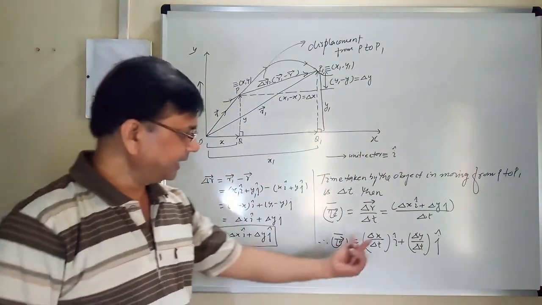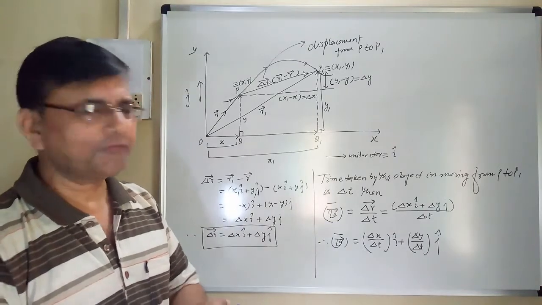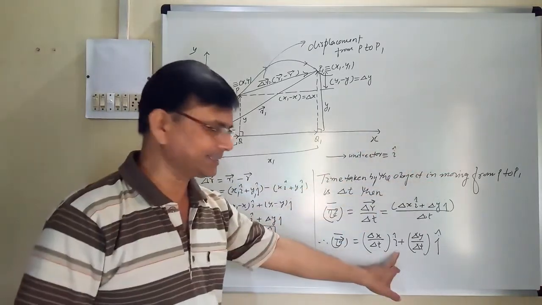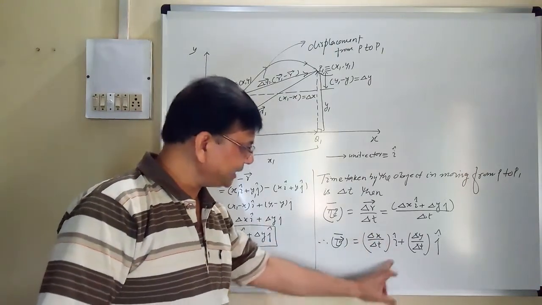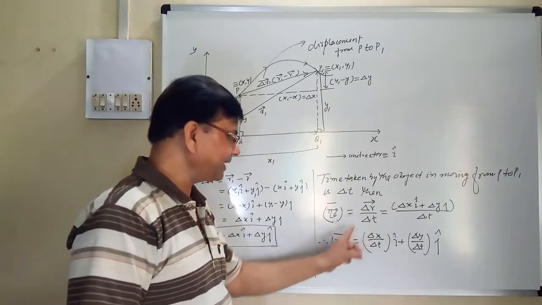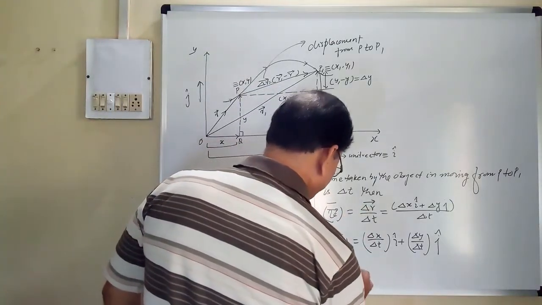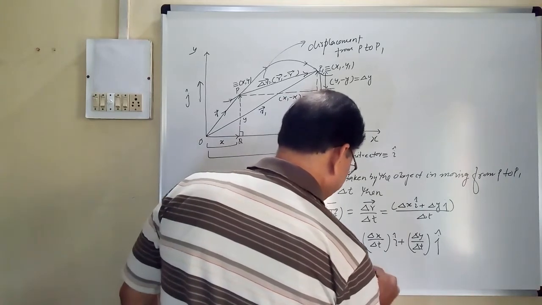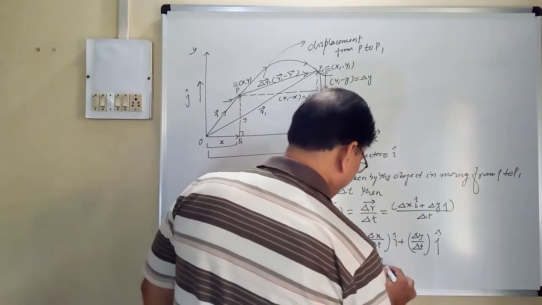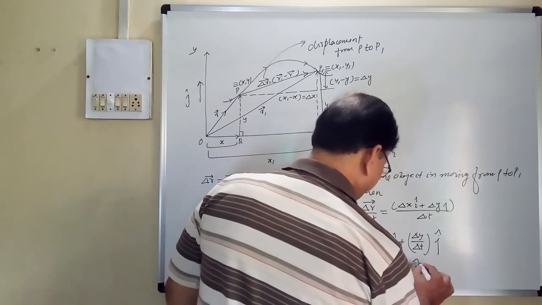So here delta x upon delta t is the magnitude of velocity along the x-axis, because the unit vector is along the x-axis. Of course, it is average velocity. So we can write the velocity vector, that is the average, as Vx average i plus Vy average j.